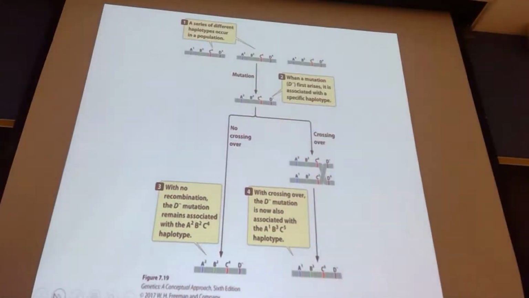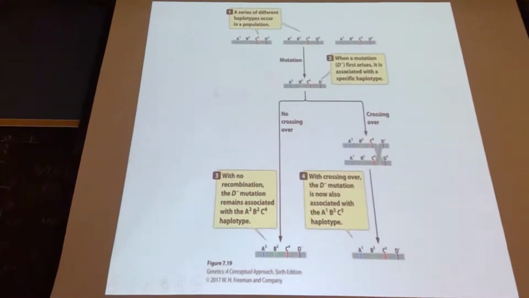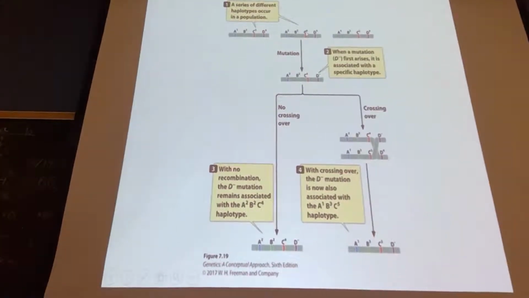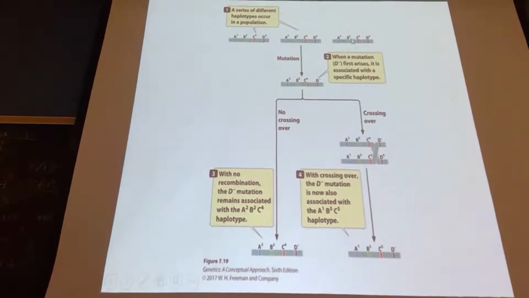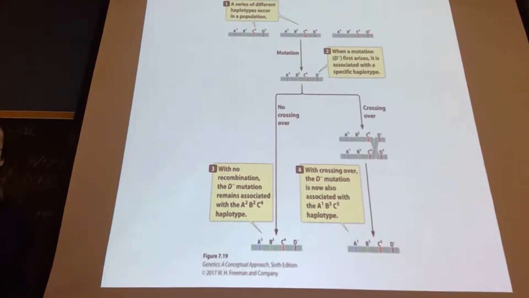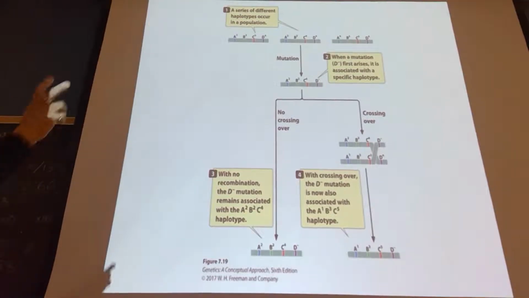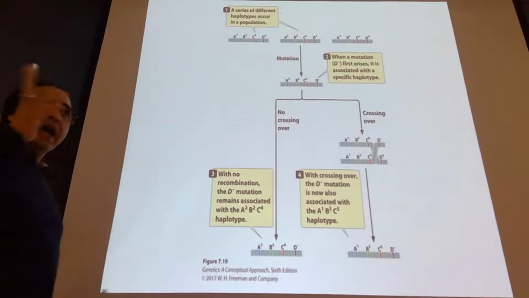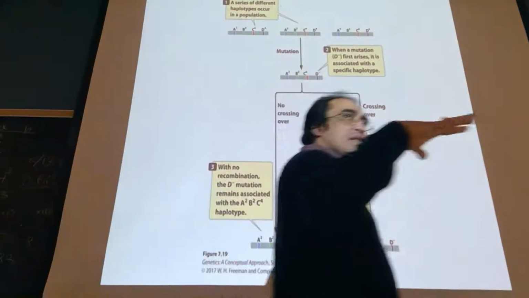They are linked. So A1, B3, C5, D4, and here is A2, B2, C4, D4, and A4, B3, C5, D4. Same type of genes, but they have different alleles, the pattern is the same but they are different. They have different allelic combinations.